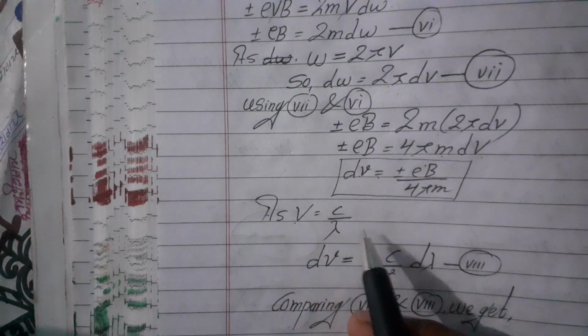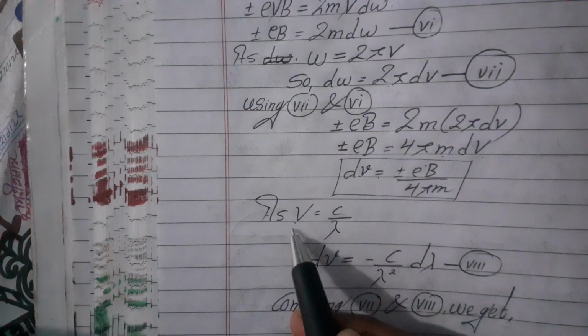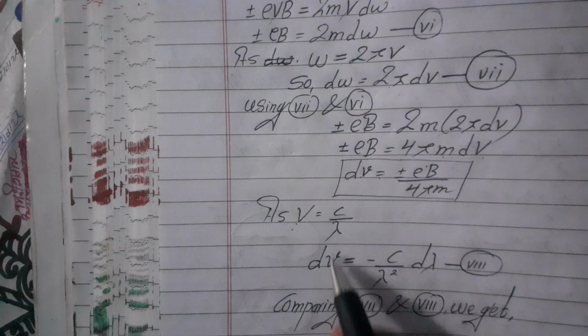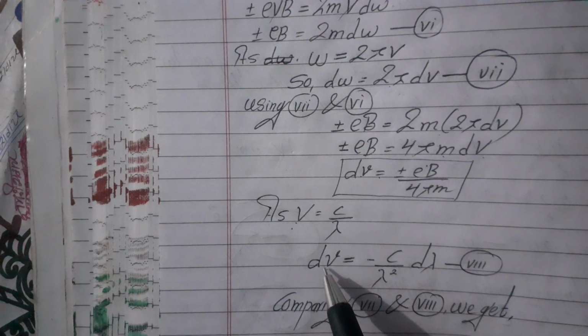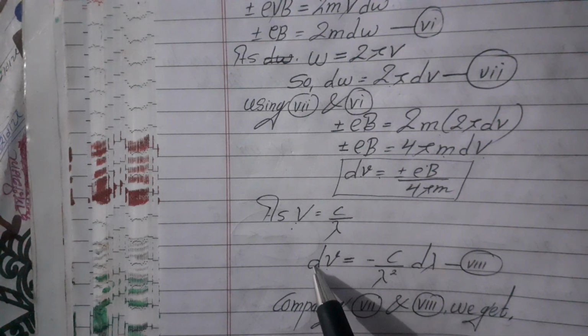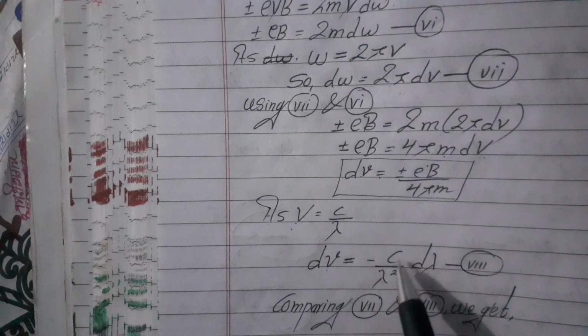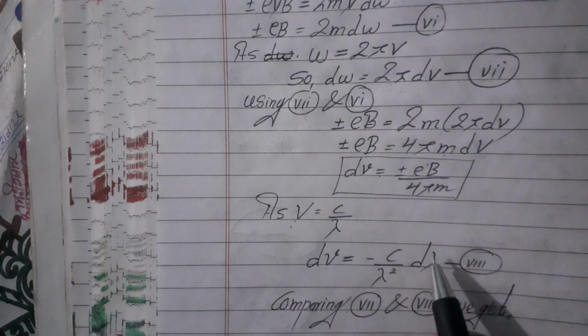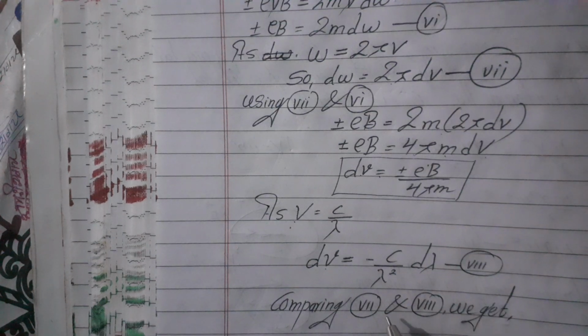As nu is equal to c by lambda, we know that nu is equal to c by lambda. Then differentiating both sides, d nu is equal to minus c by lambda square d lambda.